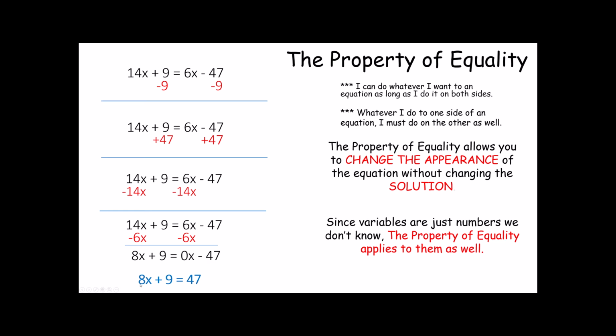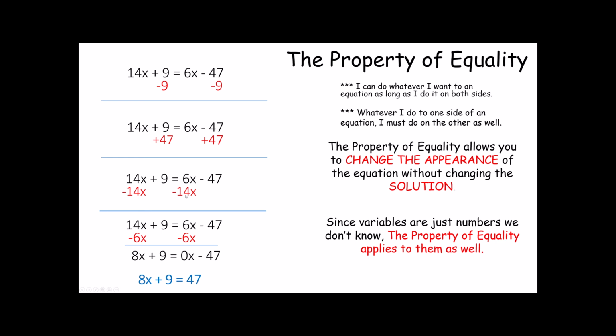Now, this is back to the familiar two-step equation pattern, which I'm not going to take the time to solve right here. The key for this slide is realizing we can move numbers, we can move x's, we can move things to the left side by getting rid of the 47. We could move things to the right side by getting rid of the 9.